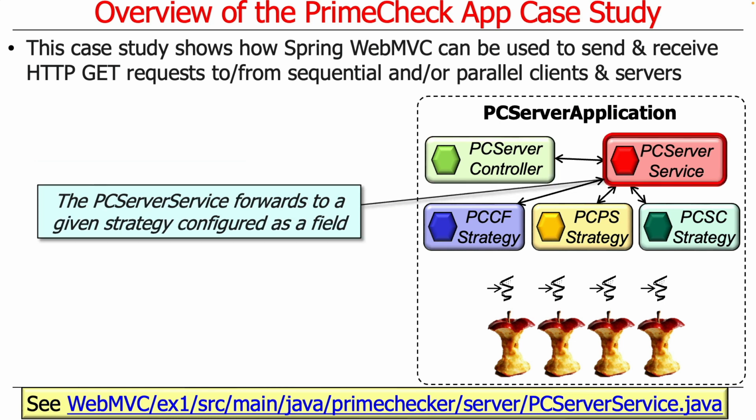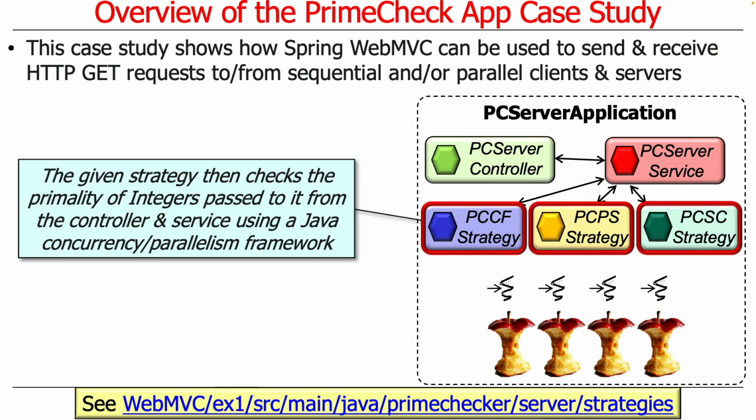And the PC server service will take the request it's given, and then it will forward it to the appropriate strategy implementation. And I'll show you how to do that, and I'll explain why we do it this way in this context. The given strategy that's forwarded from the PC server service will then do the work to check the primality of the integers passed to it from the controller and the service using the appropriate Java concurrency and parallelism framework.